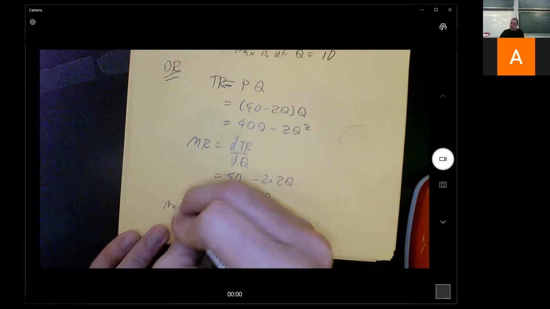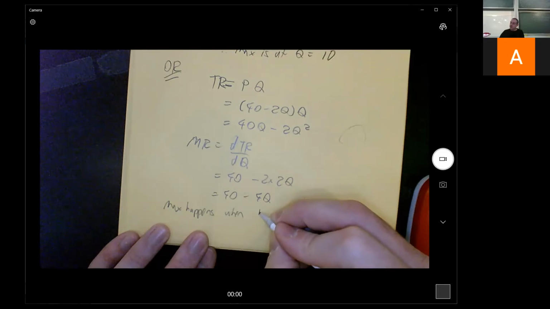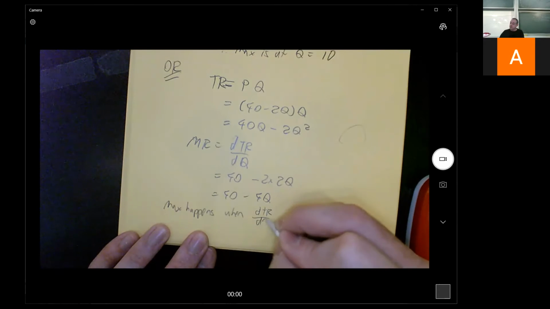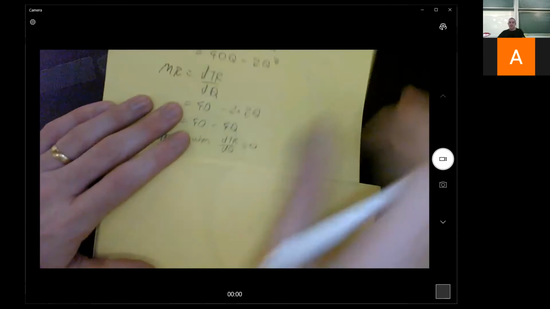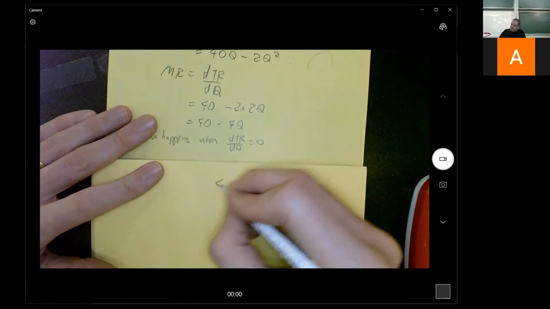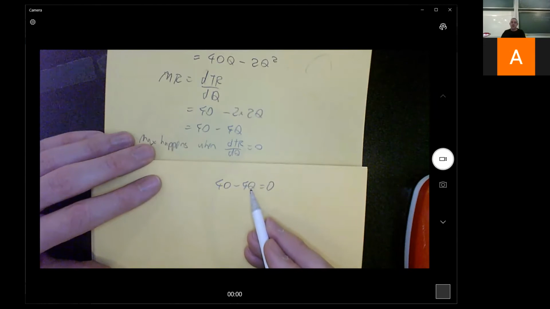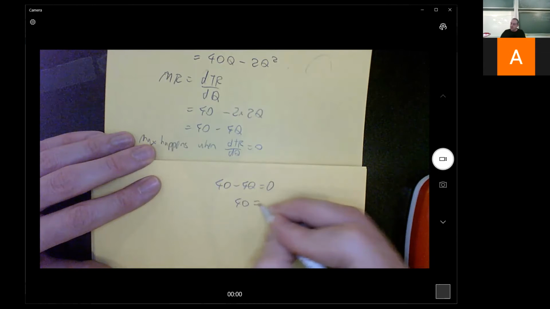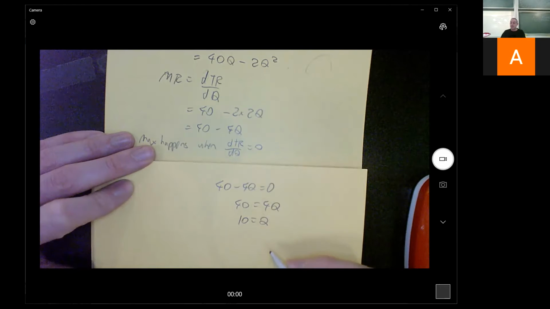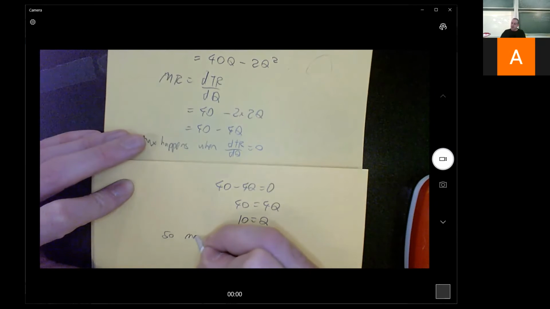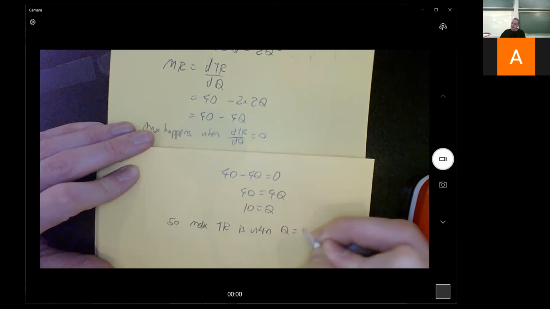And the maximum happens when the derivative is 0, which would be 40 minus 4Q is 0. And if I look at that, the only number Q that's going to make that happen is 10. But I can do the actual algebra. Divide both sides by 4. Yep. So maximum total revenue is when Q equals 10.